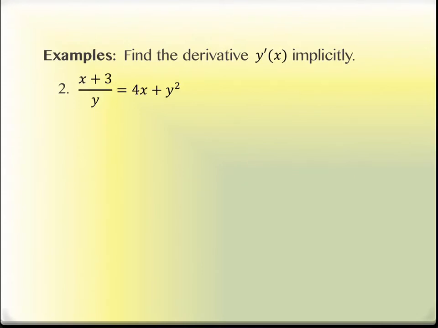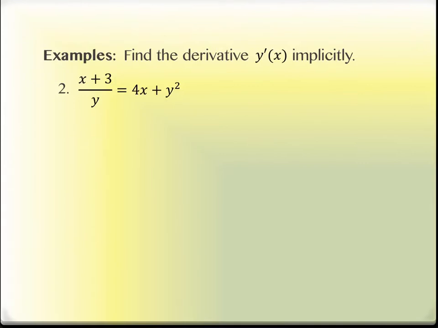So how could I eliminate the fact that I have a quotient on the left to start with? What's that? Write it to the -1. Okay, right to the -1. I want to do something easier than that. Multiply both sides by... Okay, and what's the reciprocal? Y over x plus 3. Okay, I don't want the whole reciprocal.